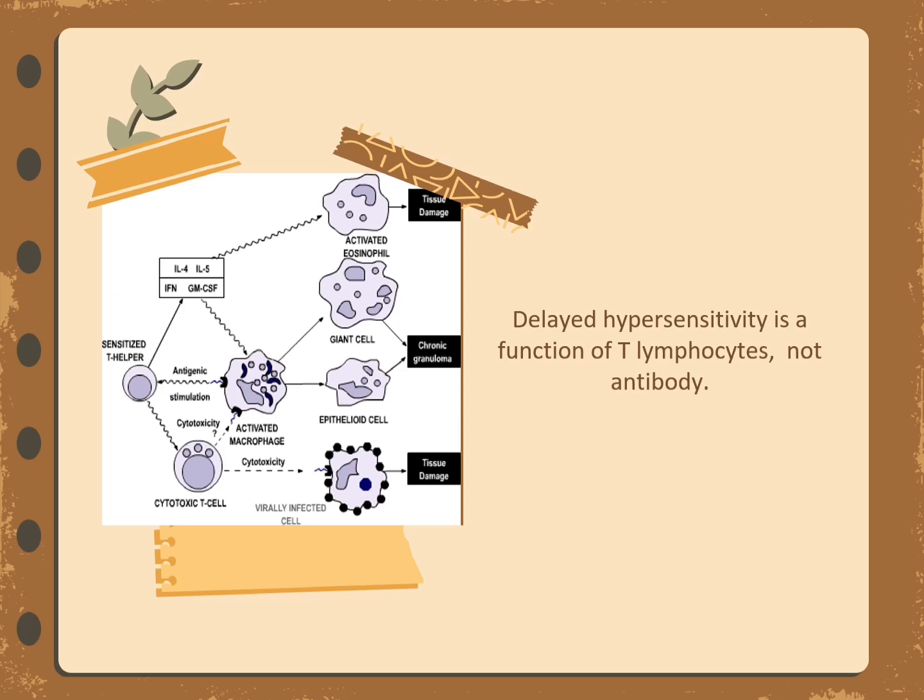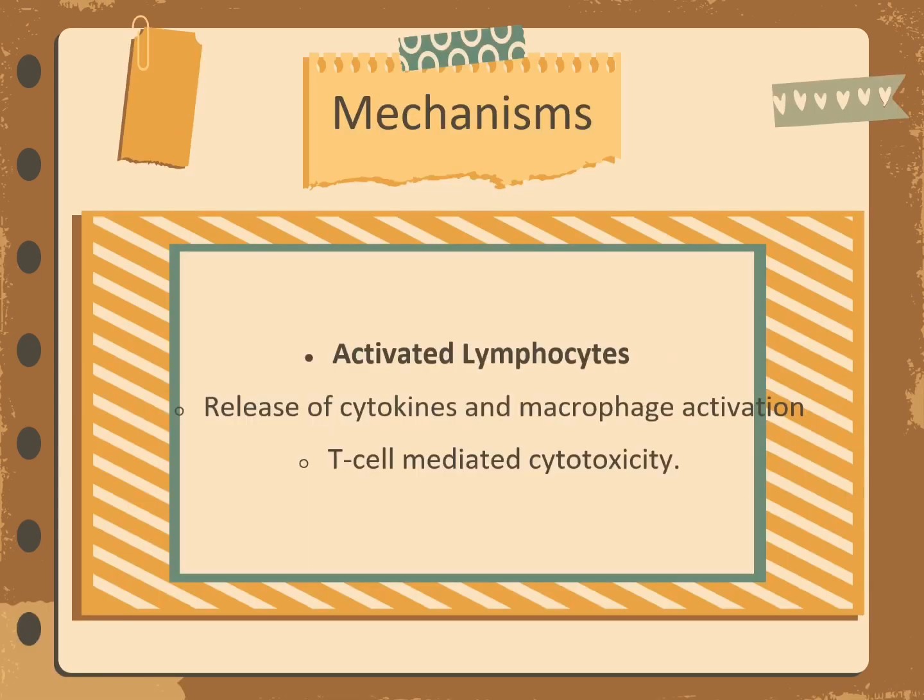It is the principal pattern of immunologic reactions to a variety of intracellular microbiologic agents, which are viruses, fungi, parasites, and Mycobacterium tuberculosis. Its mechanism is activated lymphocytes, released cytokines, and macrophage activation. And it is T-cell mediated cytotoxicity.